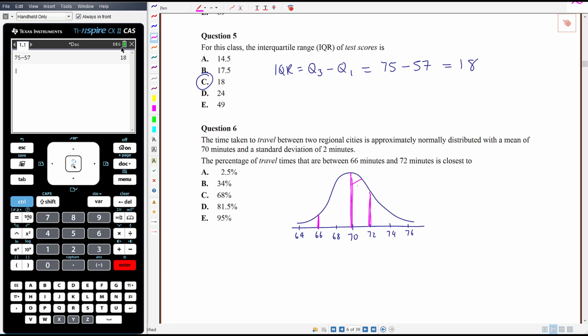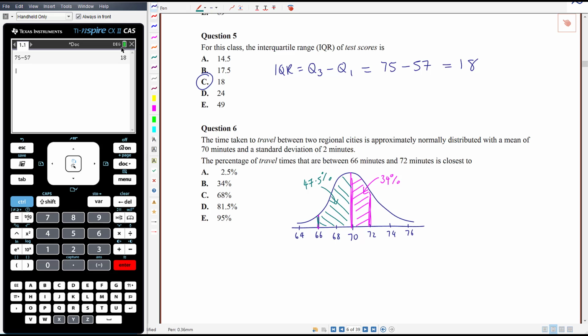We know that within 1 standard deviation of the mean is 68%, so there must be 34% between the mean and 1 standard deviation above the mean. We also know that 95% of the distribution is within 2 standard deviations of the mean, so that must be half of 95% there, which is 47.5%.